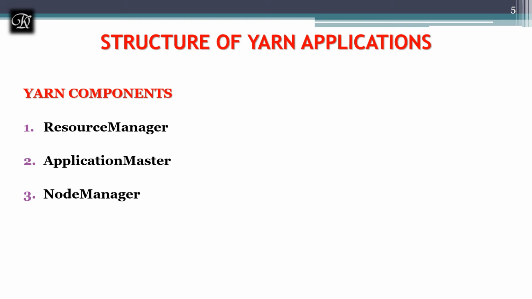To launch the container, the application master must provide a container launch context, which we call the CLC. That includes the environment variables, dependencies, that is local resources such as data files and shared objects needed prior to launch of the application.